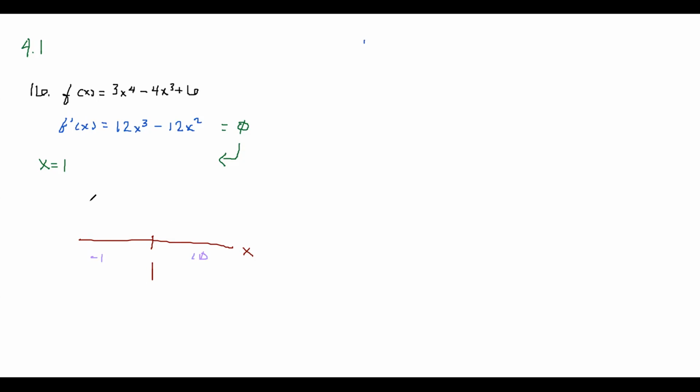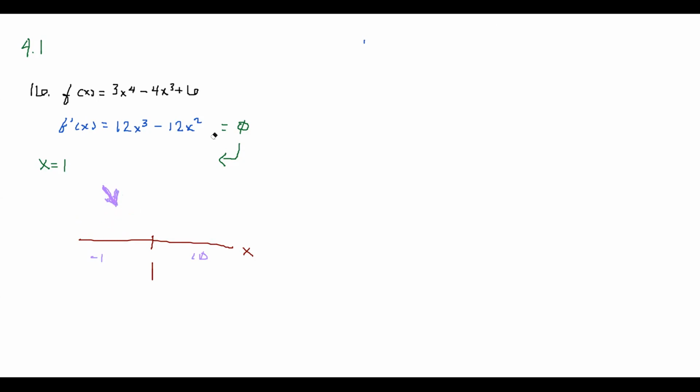Then I'll say this is 12 times -1 minus 12. So that'll be -24, which is a negative number. All I care about is the sign.